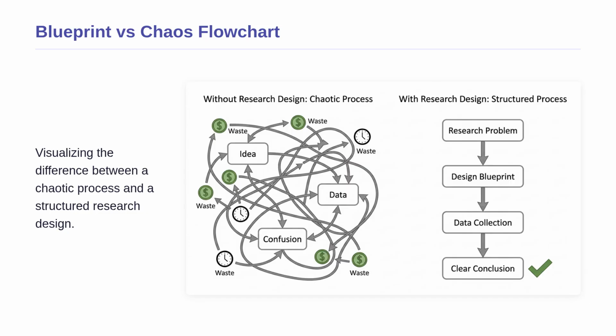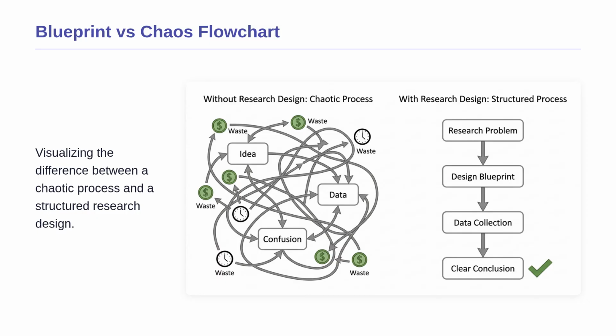To visually reinforce what we have just learned and proven, let us look at this flow chart comparing the two approaches. On the left, you see the chaotic process without a research design. Notice how the arrows tangle wildly between the idea, the data, and ultimate confusion. Along the way, time and money are bleeding out as waste.